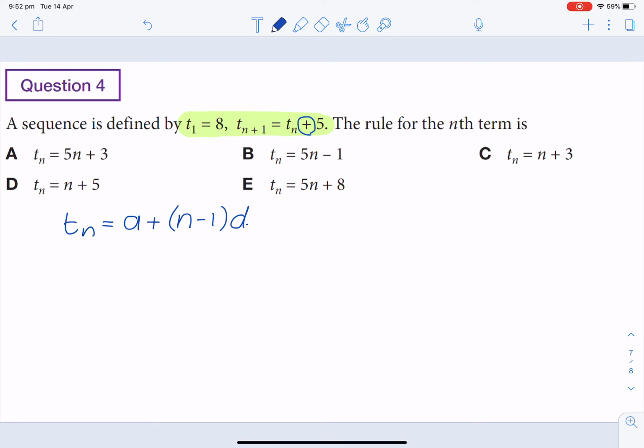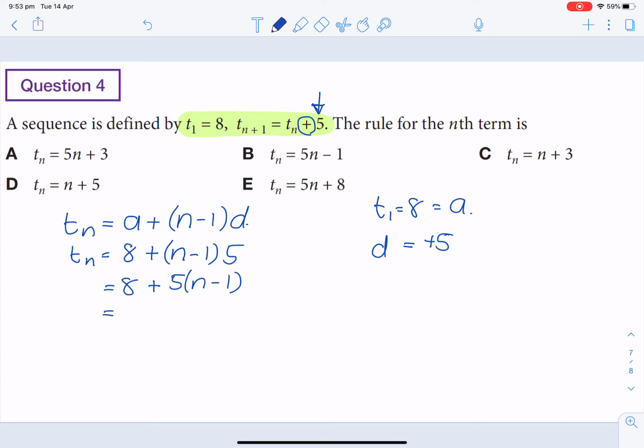All right, T of 1 equals 8 equals my a value. My d value is this plus 5 at the end. So now I need to try and substitute in. T of n equals 8 plus n minus 1, 5. Rearrange it so it's a little bit neater for me.